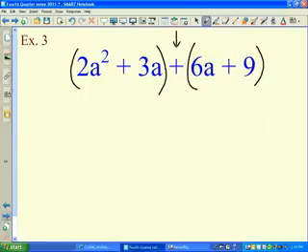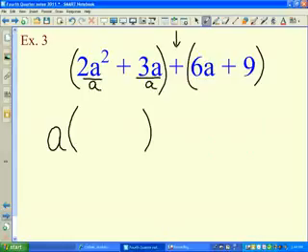So, greatest common factor of 2a squared plus 3a is a. That means I'm dividing everything up here by a. So now inside the parenthesis I have 2a plus 3. Here's my plus sign, so I bring that down.